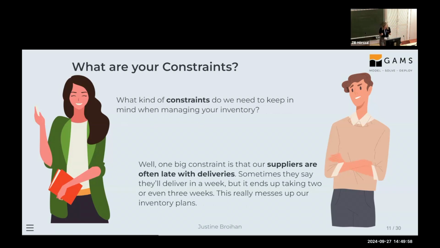But then John goes, "Well, one big constraint is that our suppliers are often late with the deliveries. Sometimes they say they deliver in a week, but it ends up being 2 or even 3 weeks. This really messes up our inventory plans." So he understands the term constraint in a very different way than we intended it.